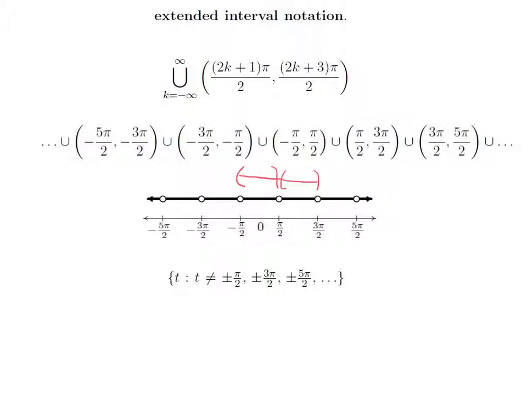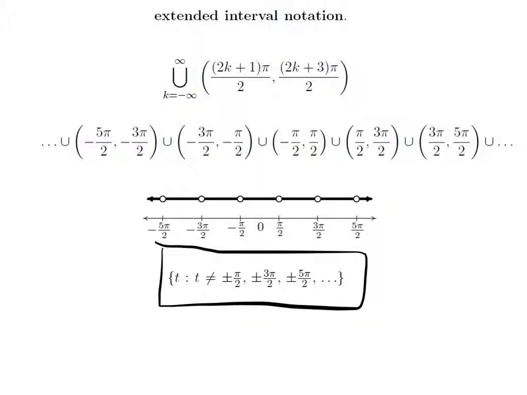But everything else around it is included until we get to negative pi halves or 3 pi halves. So this is essentially all real numbers except for those few that are being gapped, being skipped.